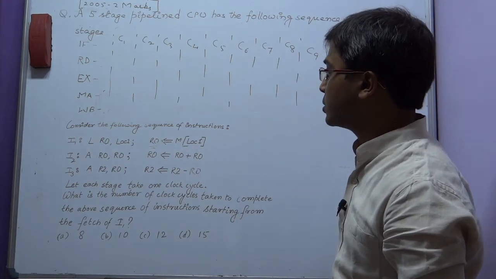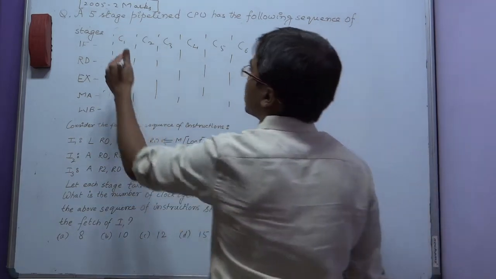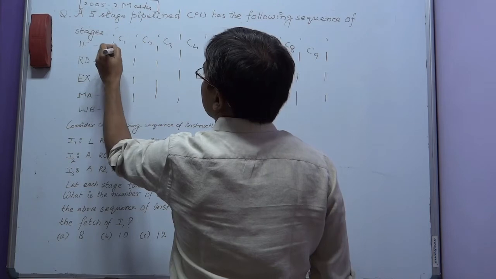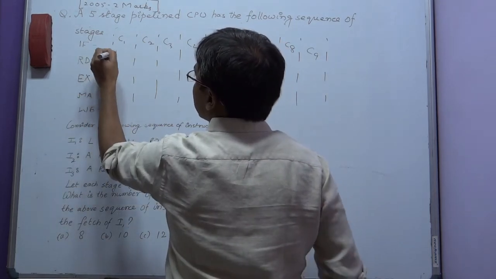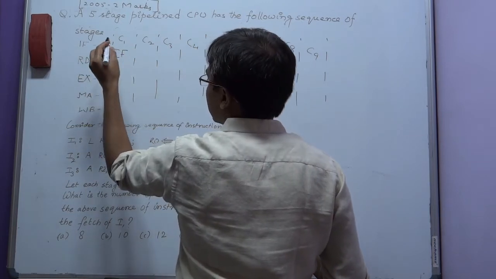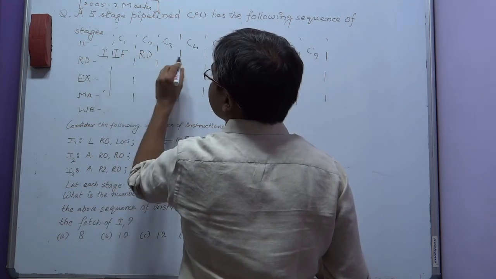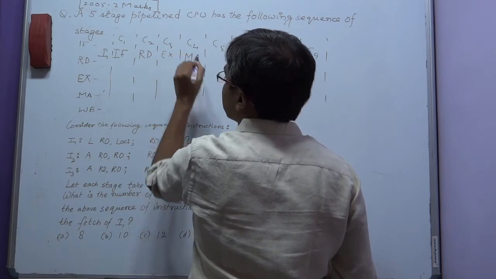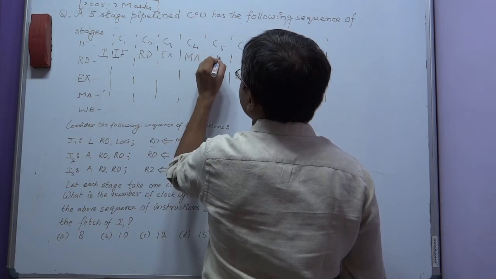So as I1 is the first instruction, it would occupy the first 5 cycles to complete. Instruction I1's instruction fetch would occur in C1, followed by the stage instruction decode and register read, followed by execute, memory access, and write back.